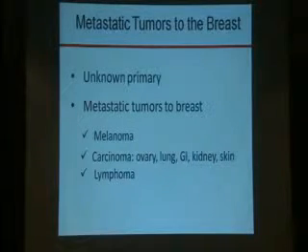Metastatic tumors to the breast is a very important area, and even though this is not a common lesion, we always have to remember it. Recently, we completed a review of our metastatic carcinomas at MD Anderson, and it is a lot more common than we originally thought. And just like all the other reports in the literature, malignant melanoma is the most common tumor that metastasizes to the breast.